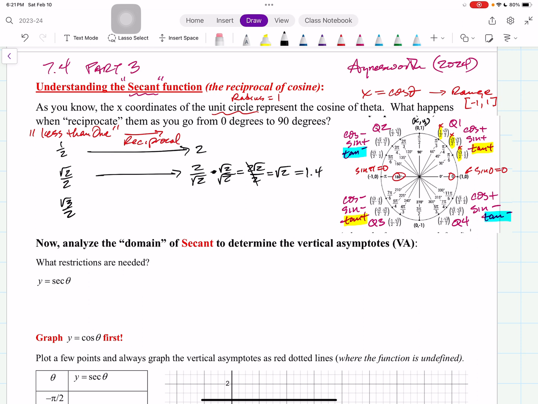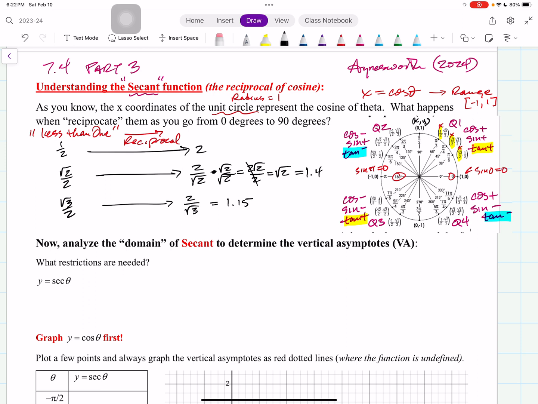And then the next one here, what happens when you take the reciprocal of root 3 over 2? Well, you get 2 divided by rad 3. Well, let me see, it probably wouldn't help you to rationalize this. So just use your calculator here, or just use your Desmos right here. It is about 1.15.